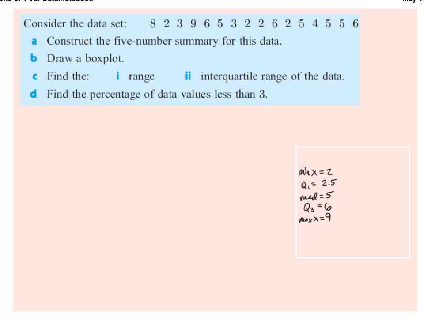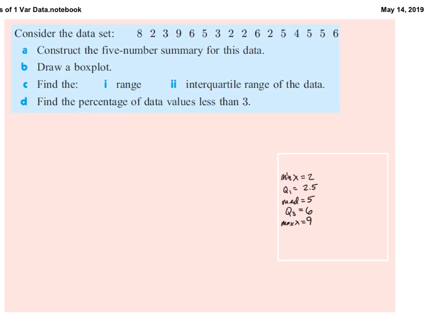Now, if we're going to consider this data set and draw the 5-number summary for the data, guess how I did that? I put it in my calculator under Stat, Edit, and once I had the data in the list, I went to Stat, Calculate, one variable stats, I hit Enter, and here's my 5-number summary that comes up.